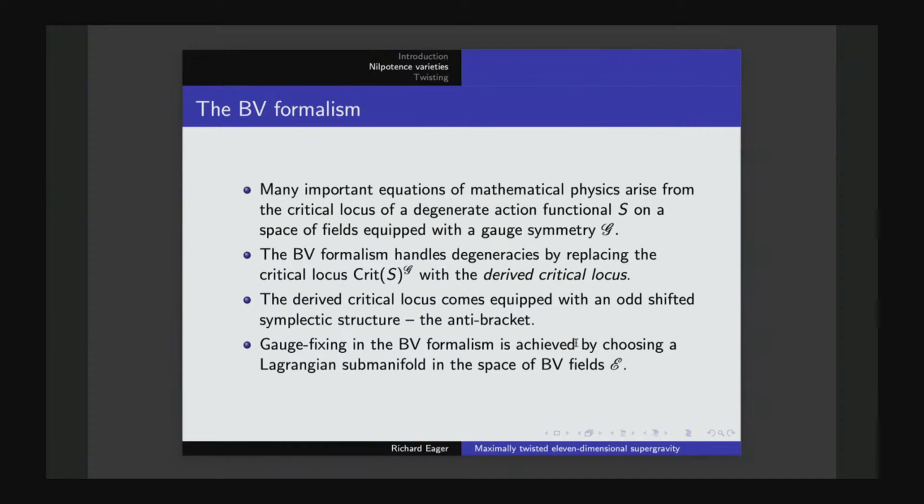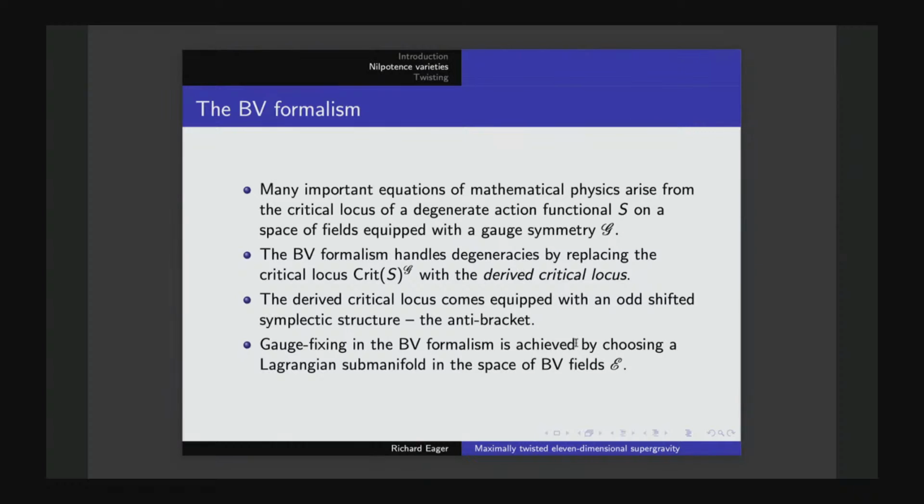And the key ingredient is constructing what we call BV multiplets, because in extended supersymmetry algebras, you don't necessarily have complete off-shell representations unless you pass to the BV formalism.